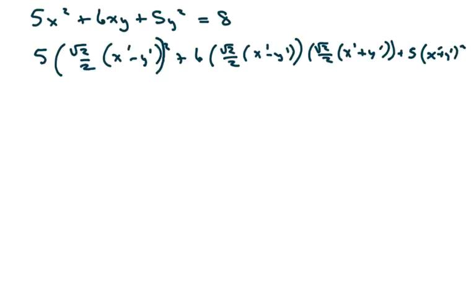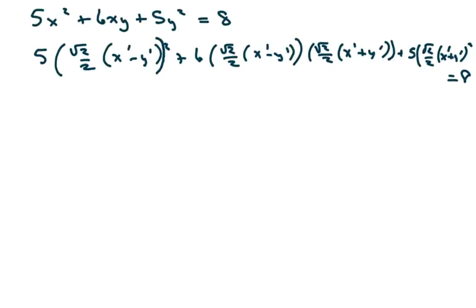Now, sorry, I forgot my square root. So we have the square root of 2 over 2 x prime plus y prime squared, and it all equals 8.